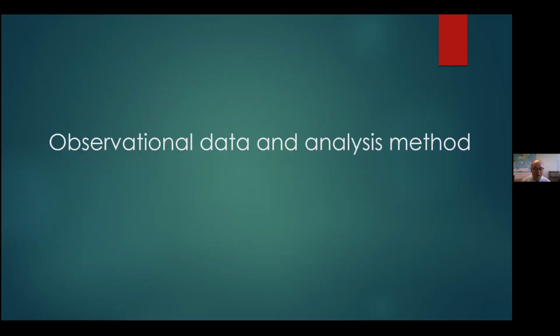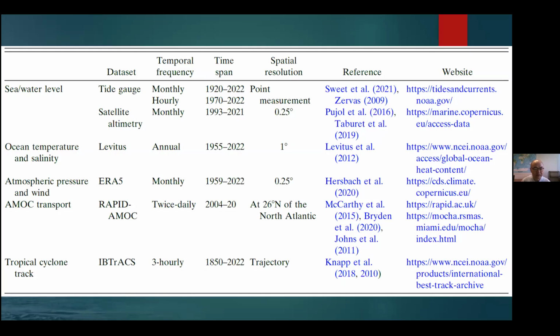Next, I show the observational data sets and analysis method for this study. This table summarizes the observational data used in this study. The sea level, water level data are from the NOAA Tides and Currents. For monthly sea level data, we use the period of 1920 to 2022, century-long data.